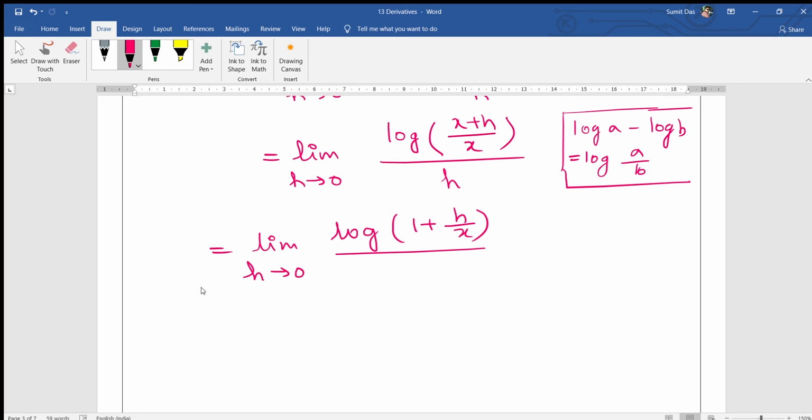And here I'm writing h by x into x, into the log function.